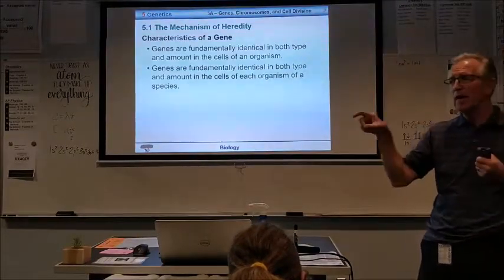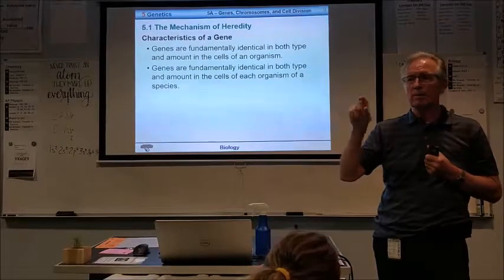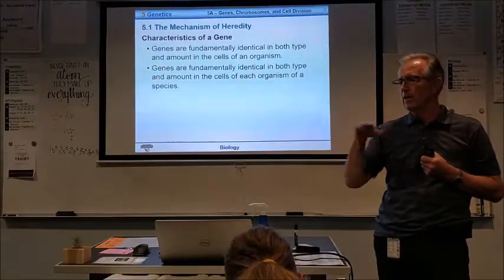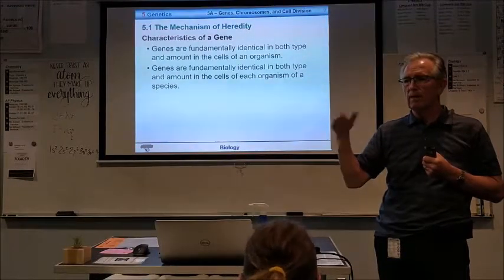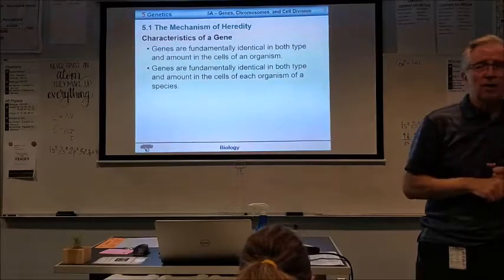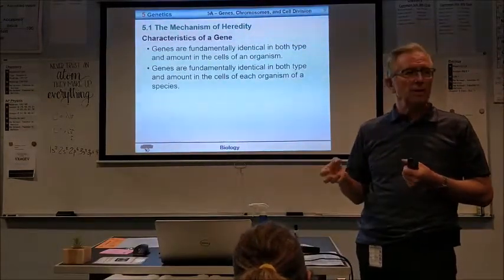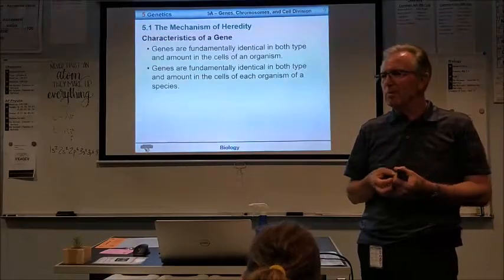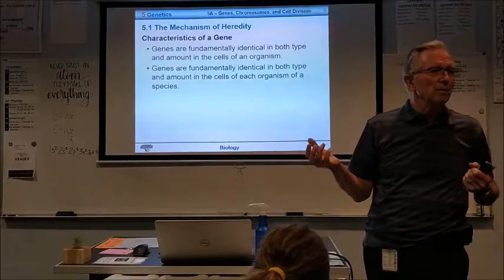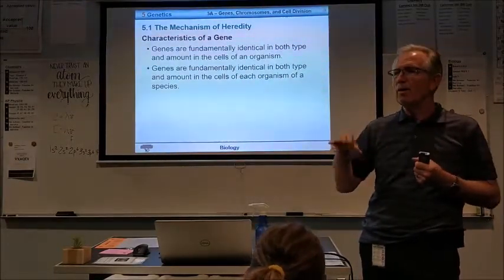So every cell in your body has the same number of genes, the same types of genes. Every cell. Now, one thing I'm going to introduce to you that we'll talk a little bit more about later on, every cell in your body, like the cells that make up your big toe, has the complete plan for you. But not all genes are turned on at all times.